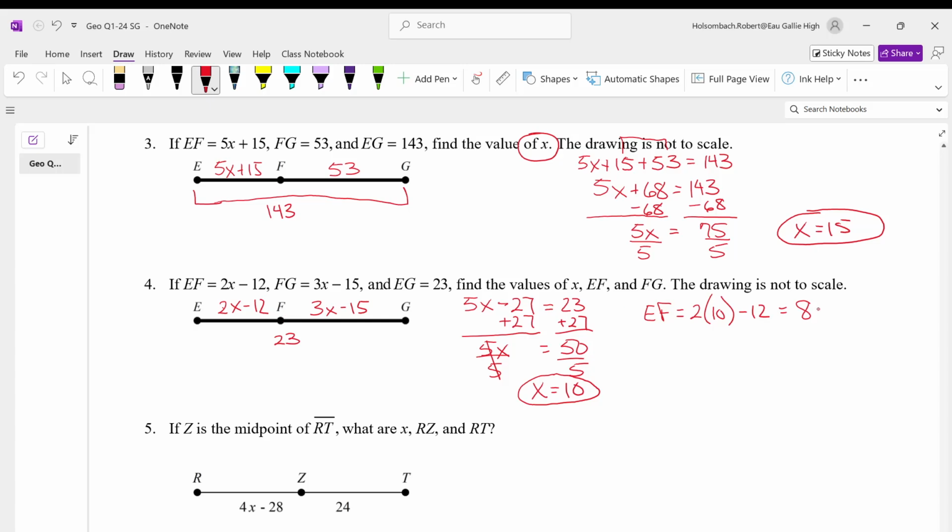And then you can either subtract the 8 from the 23 to get FG, or you can just say that FG is equal to 3 times 10 minus 15. 3 times 10 is 30, minus 15 is 15. So there's your x, your EF, and your FG.